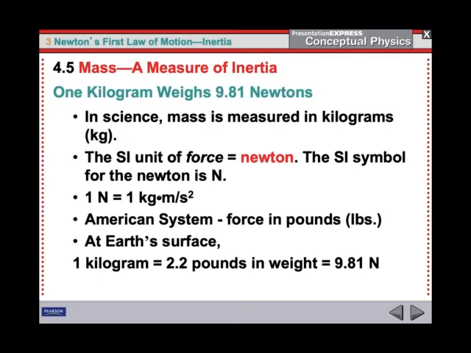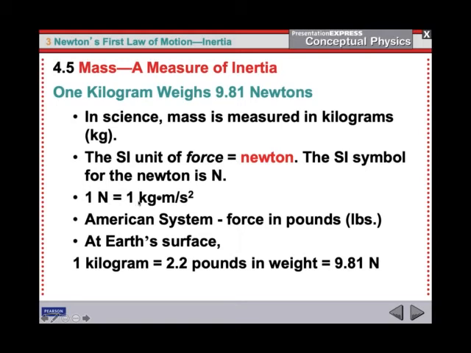The SI, or the metric unit of force, is a newton, and because it's named after Sir Isaac Newton, we're going to use a capital N to represent that that's the unit. So if you say 10 with a capital N after it, it's 10 newtons.